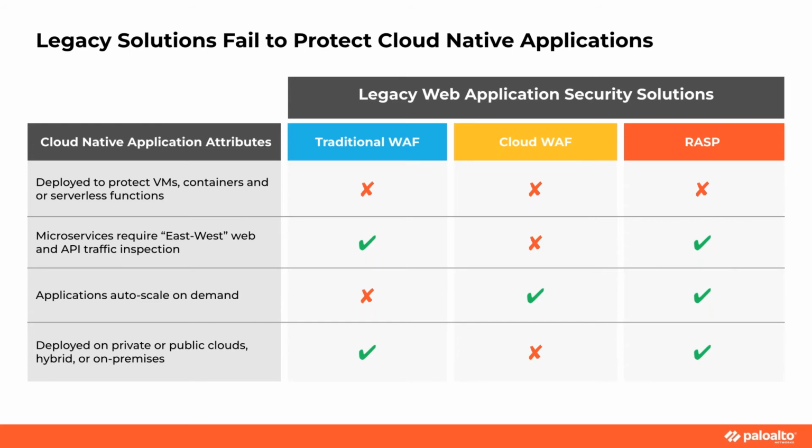modern cloud native applications. So first of all, we need a solution that we can deploy in front of VMs that may be running in different locations, some on-premise, some in the cloud. These workloads can also run inside containers that can inflate and deflate and again, change location, or serverless functions, which don't really exist until you actually execute them.